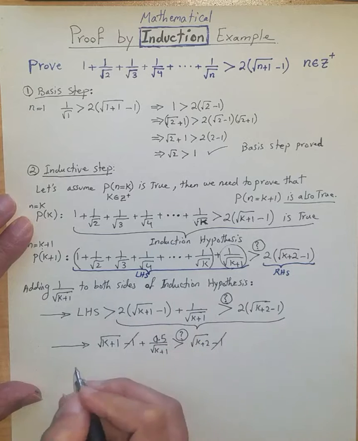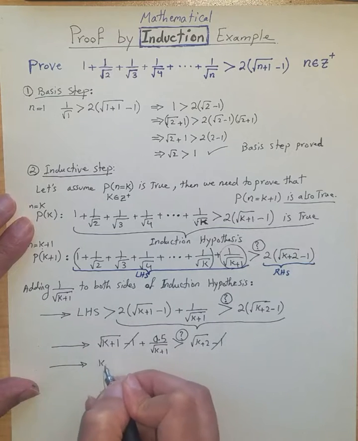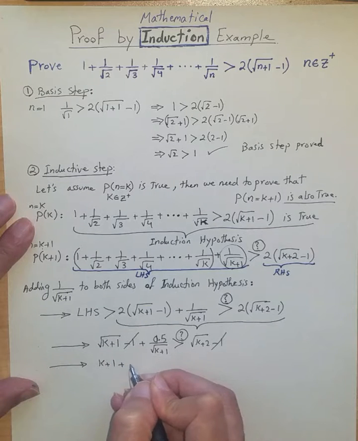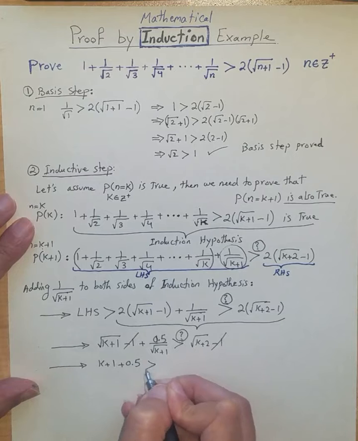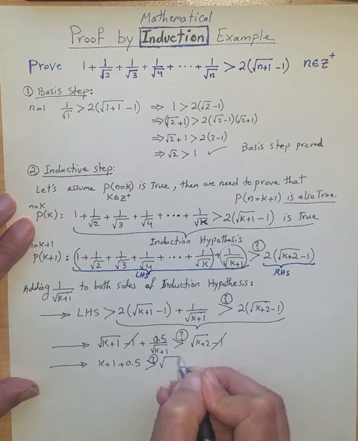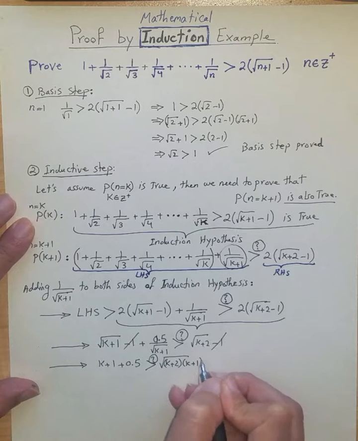Well, these two cancel out. Now I can easily multiply both sides with square root of k plus 1. I get k plus 1 plus 0.5 should be greater than square root of k plus 2 times k plus 1.